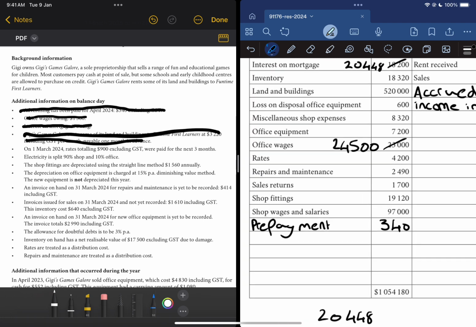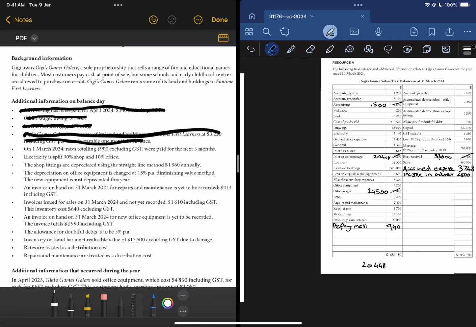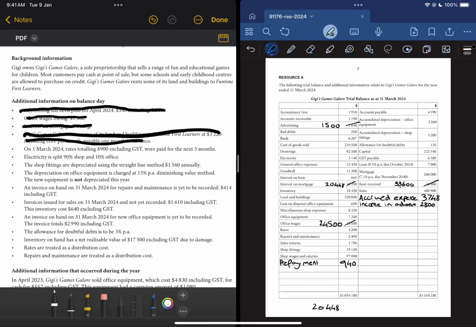So, remembering if it's a debit, debiting a debit is going to increase it. So 340 plus 600 is 940, okay? Just like that. And then we're going to credit the expense. And now if we credit a debit, that's going to decrease.